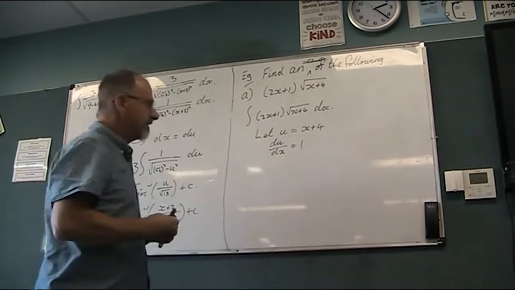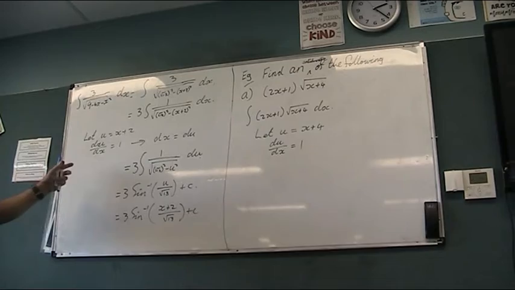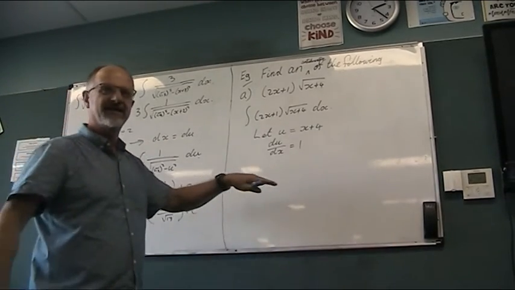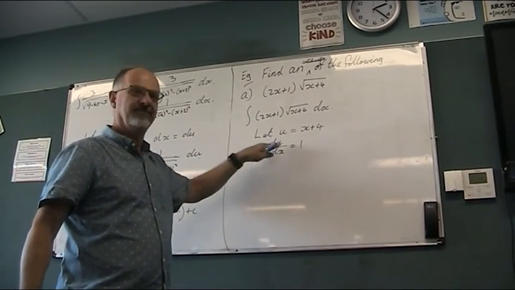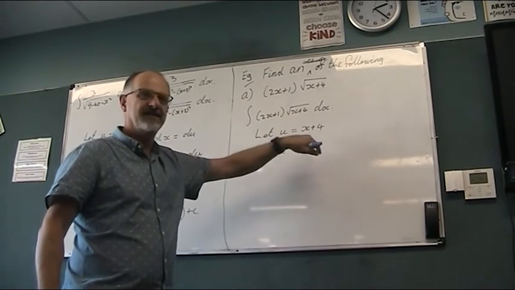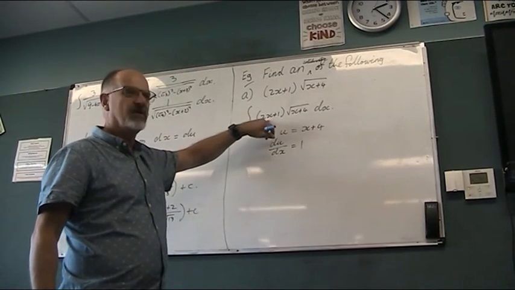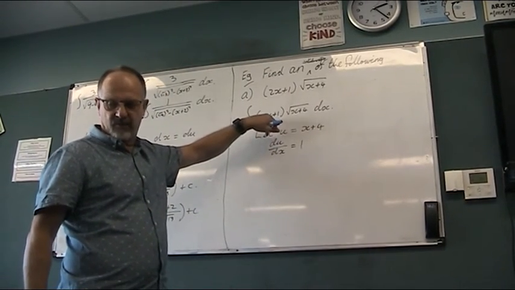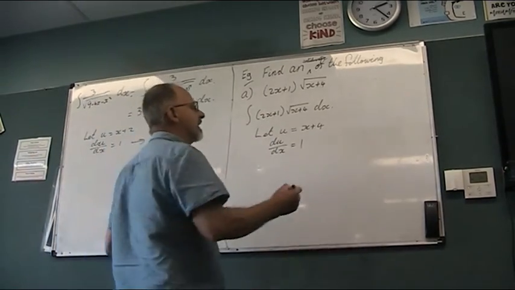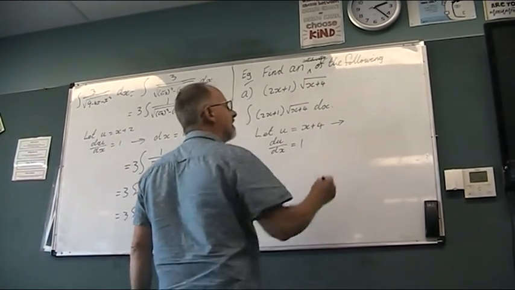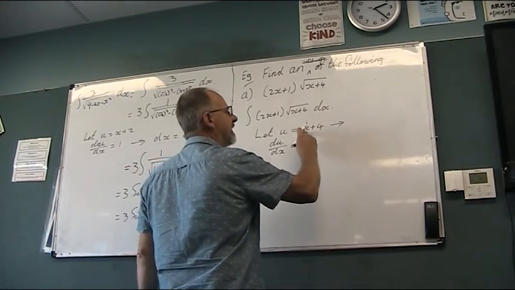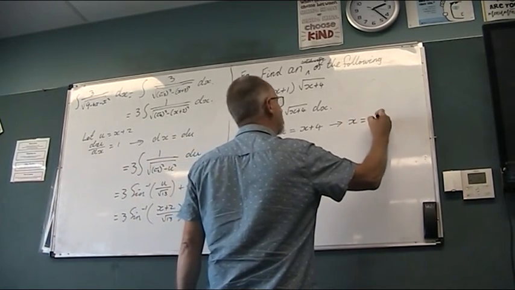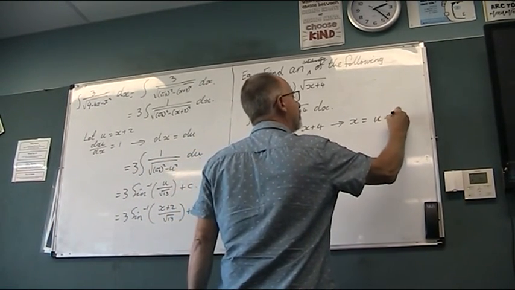Now, in some previous examples we had some cancellings out, but because we still have an x in here, the way we deal with that is we can say, okay, in terms of u, x would be equal to u take 4.